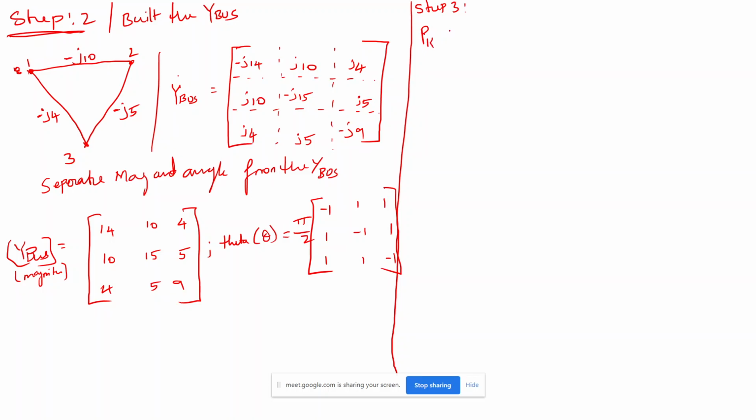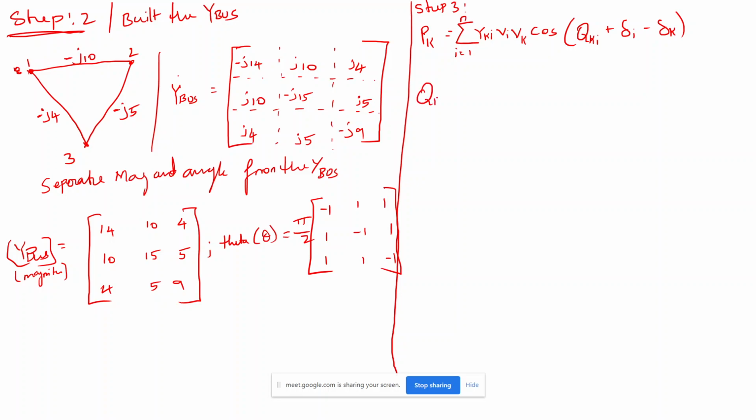Pk is equal to summation of, this is very important, already we have derived this, this is the generalized form, Yki Vi Vk cos of (Qki plus del i minus del k). So this is for Pk, and this is a generalized form, right?